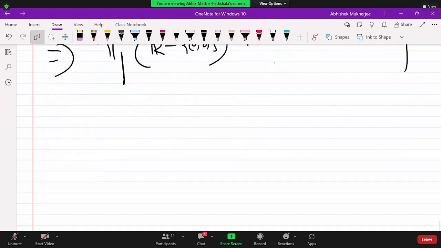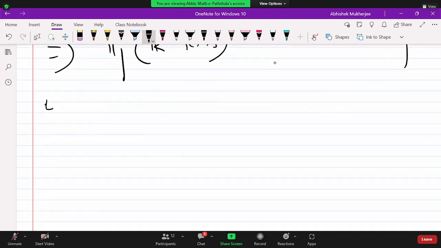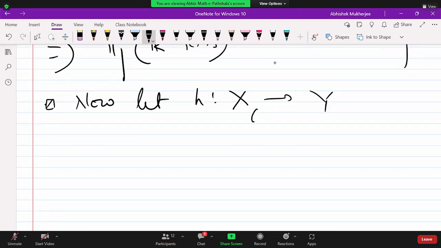Okay, so now let h be a continuous map from X to Y, supposing that we are choosing some base point here in X and y naught, and they are connected by this h.